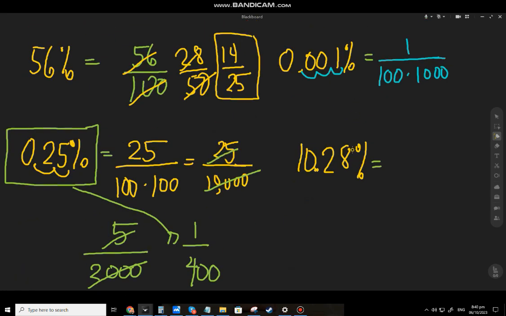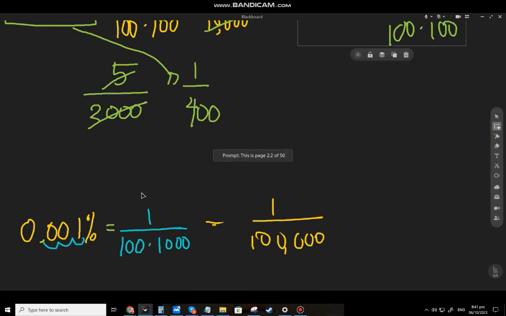And lastly, we have 10.28%. You have to change it to an integer first. No decimal, no fraction. So that will be 1,028 over 100. Multiply it by 100 because that is 2 times, right? So let's go down.